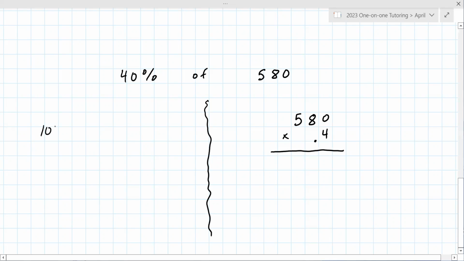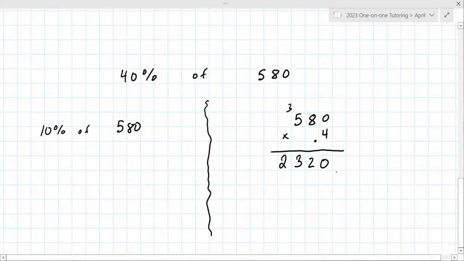Yeah, okay. It's because I did it without moving the decimal first. So did you do the one on the right here? Yeah. Okay, so you multiply without the decimal. 4 times 0 is 0. 4 times 8 is 32, 2 with a carry of 3. 4 times 5 is 20 plus 3 is 23.